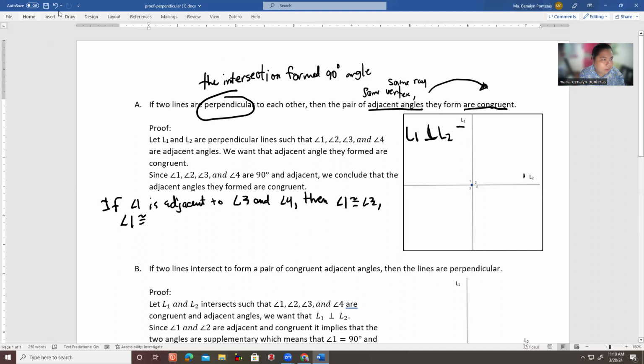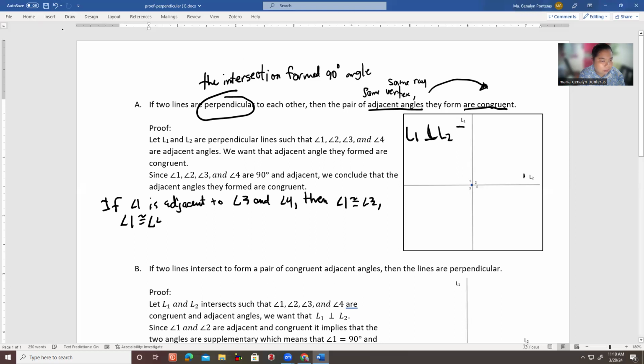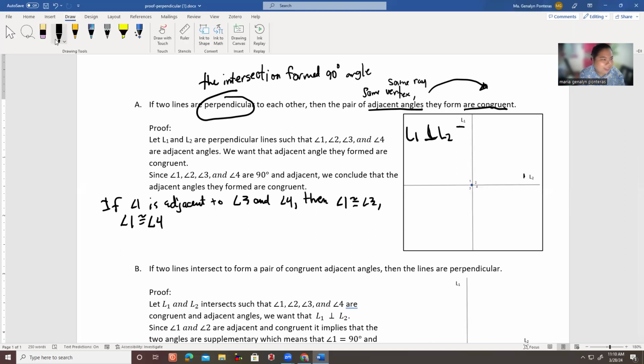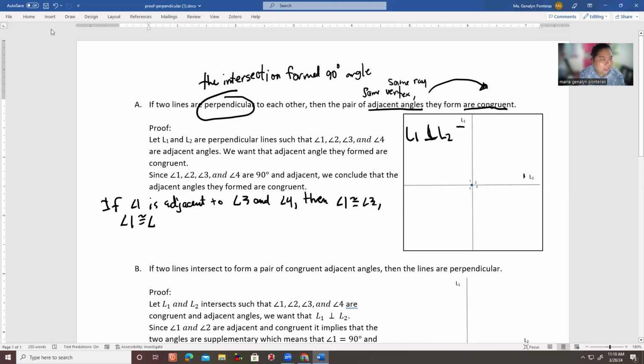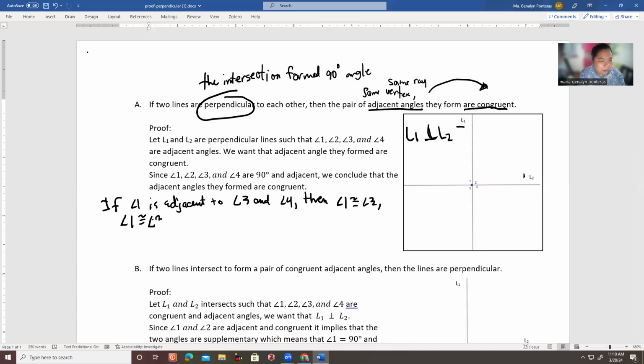Bago natin sabihin congruent kay angle 4, angle 3 rather, sorry. But we want to prove that angle 1 is also equal to angle 4. So we can use angle 3.